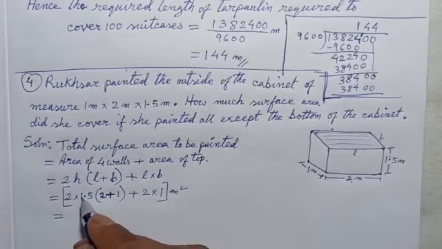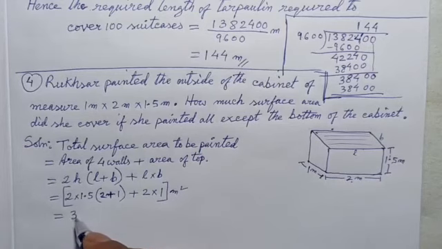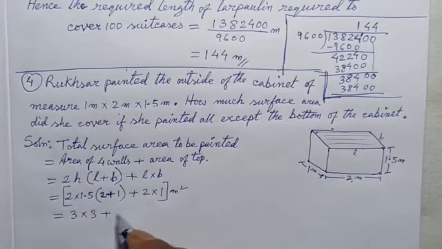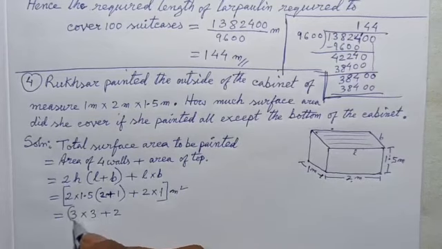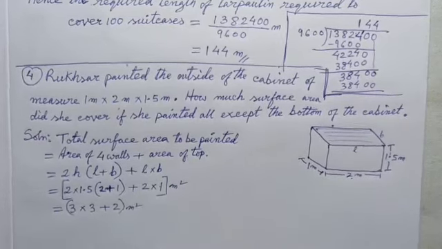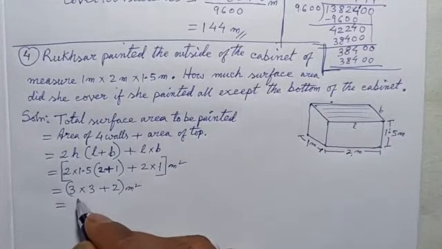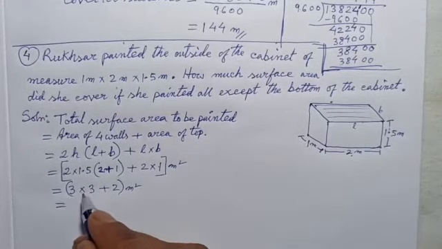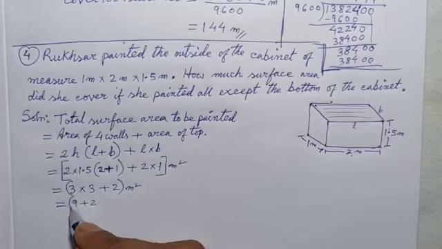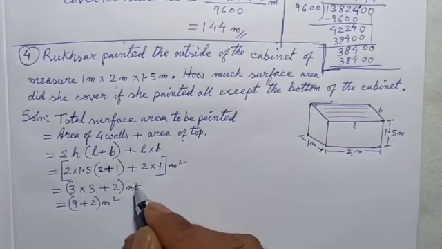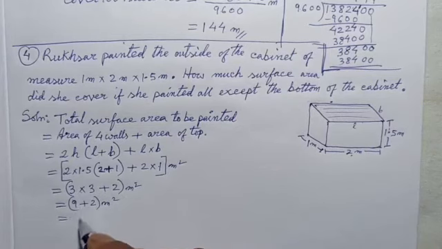If 2 multiply 1.5, that is 3, into 2 plus 1 is again 3, plus 2 one time is 2, and meter square. This is multiply, this is plus. We have to do multiply first. 3 times 3 is 9, plus 2, and this is meter square. If we add together 9 plus 2 is 11 meter square.